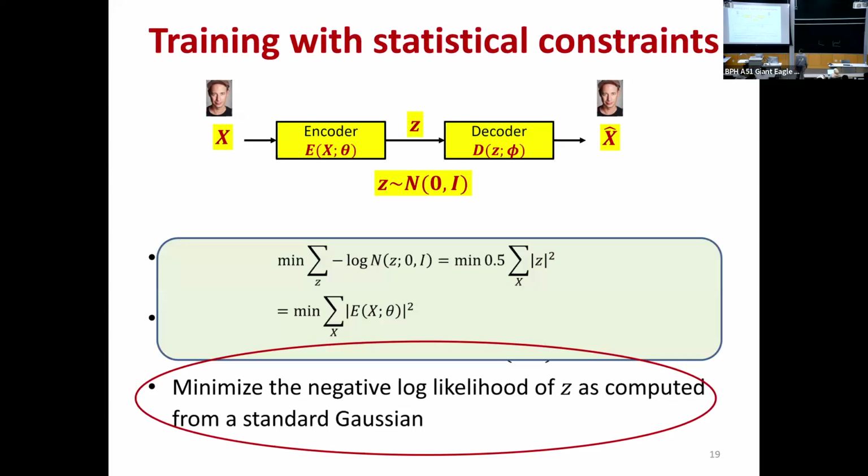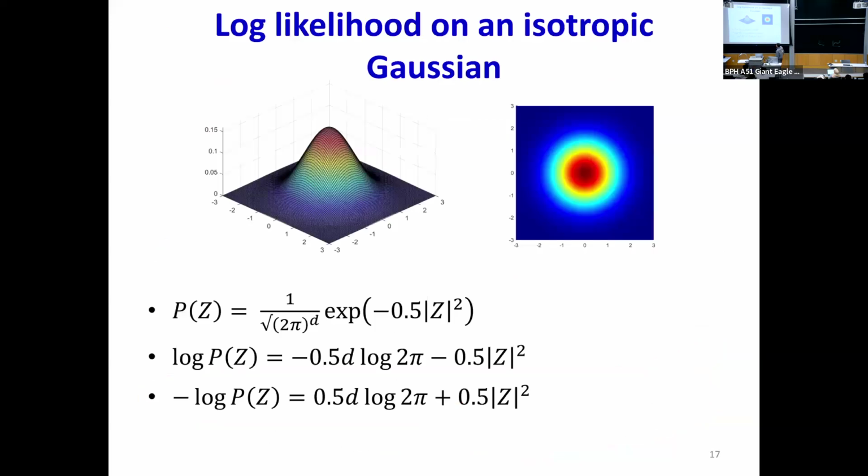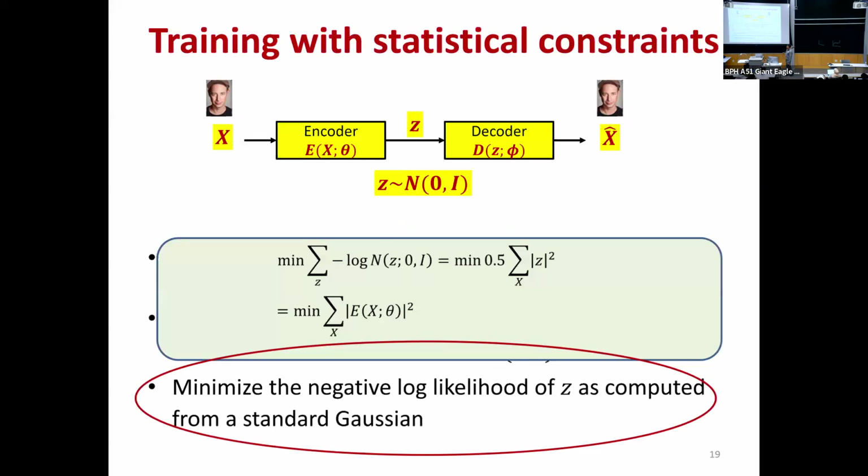And the negative log likelihood of z, as we just saw, going back here, is this. There's some constant, you can't minimize it. All that remains is 0.5 norm z squared, and the 0.5 is again a scalar. It doesn't matter. So I want to just minimize norm z squared, which is the norm of the encoder operating on x, whole squared, right?